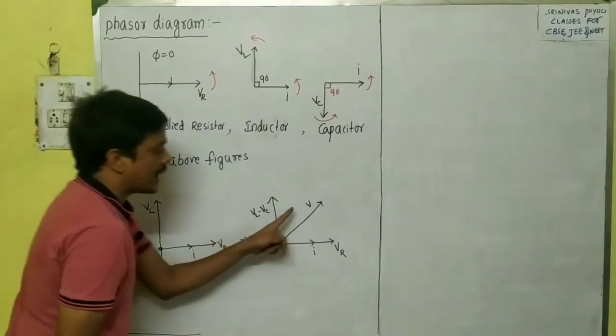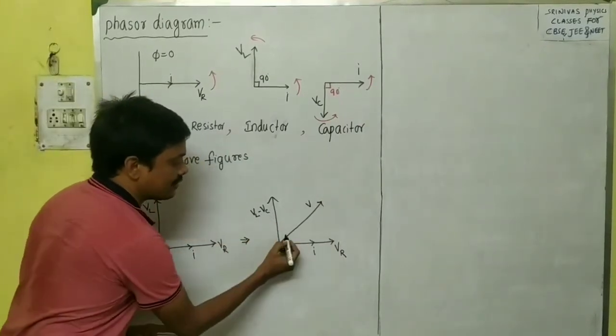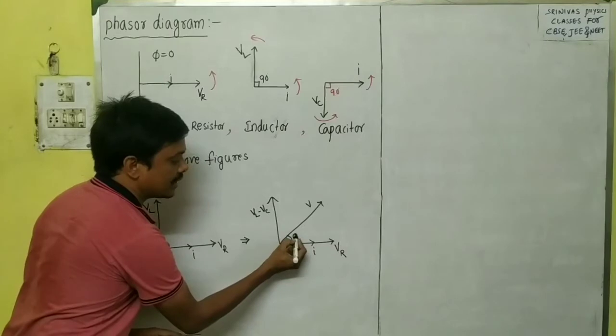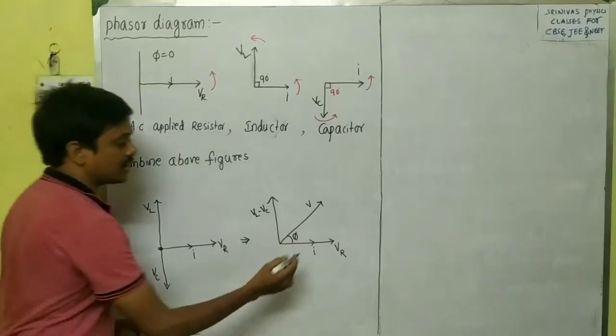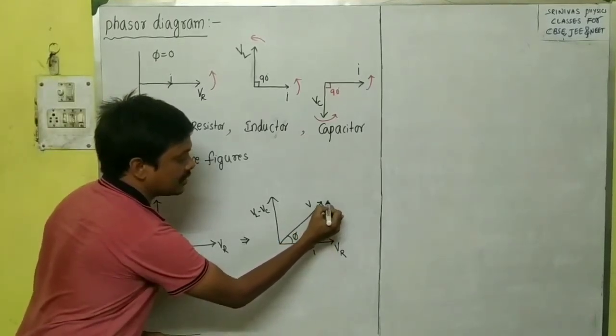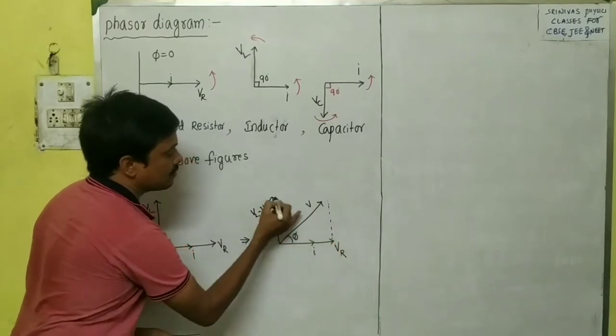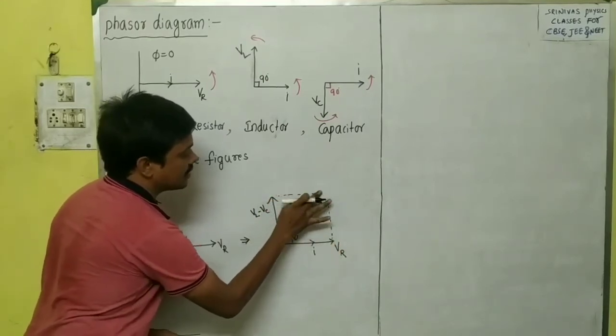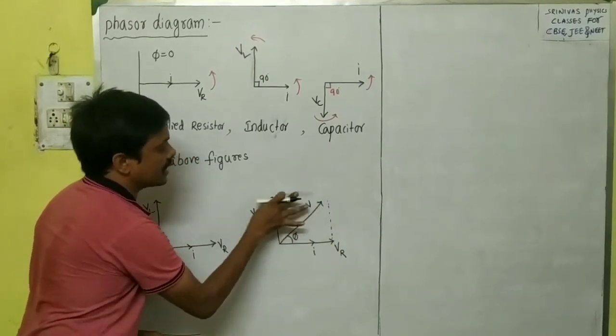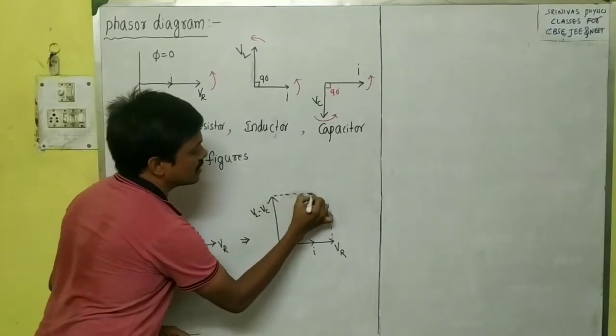Okay, the angle between the net voltage and the current in the LCR circuit is phi. Then if you draw the phasor diagram here, if you draw a rectangle like this, you will get this.